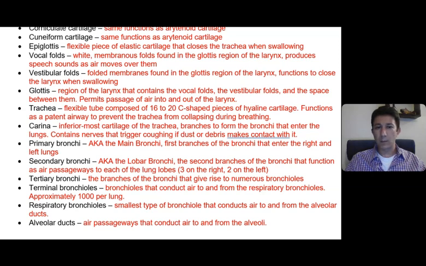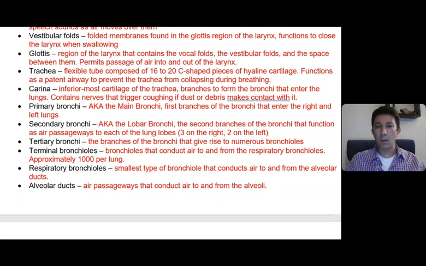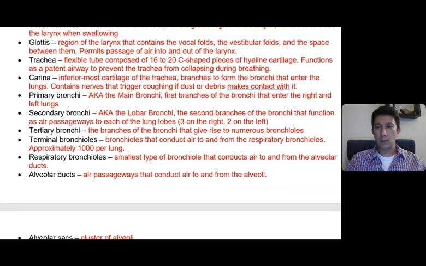The terminal bronchioles are small air passageways that deliver air to and from structures that are called the respiratory bronchioles. And the respiratory bronchioles are starting to get to the point in the lungs where gas exchange takes place. So essentially the respiratory bronchioles are helping to move air to and from the actual gas exchange structures in the lungs.